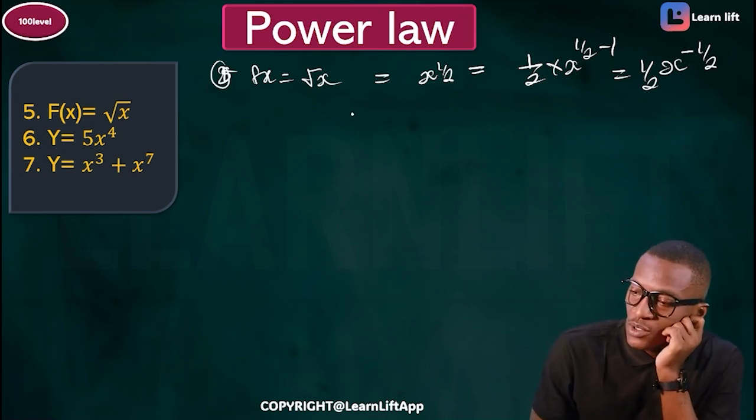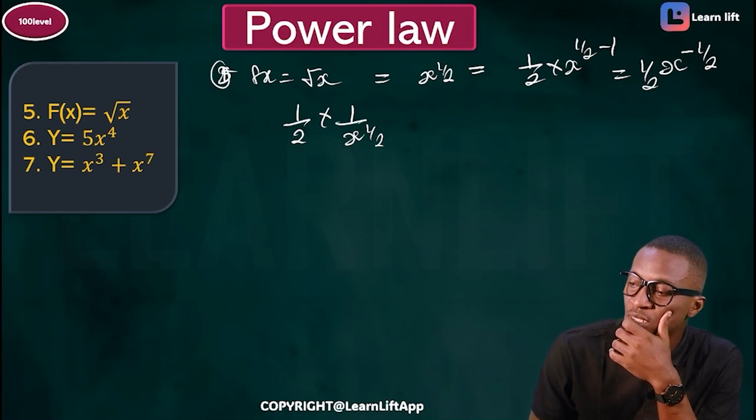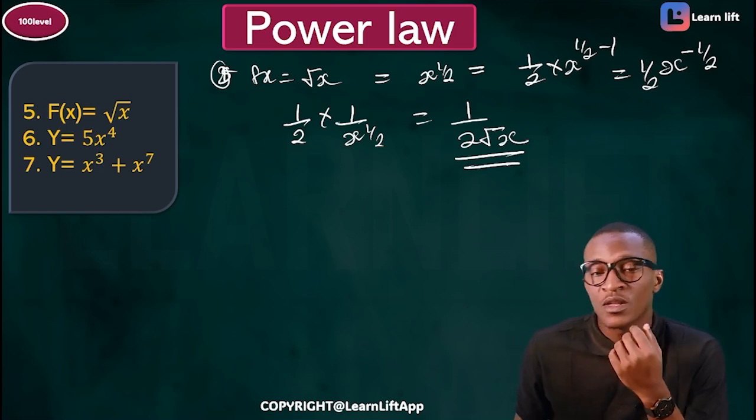Are you seeing that? So this is the same thing as saying 1 over 2 times 1 all over x raised to power half, because this minus means all over. And x raised to power half is the same as root x.